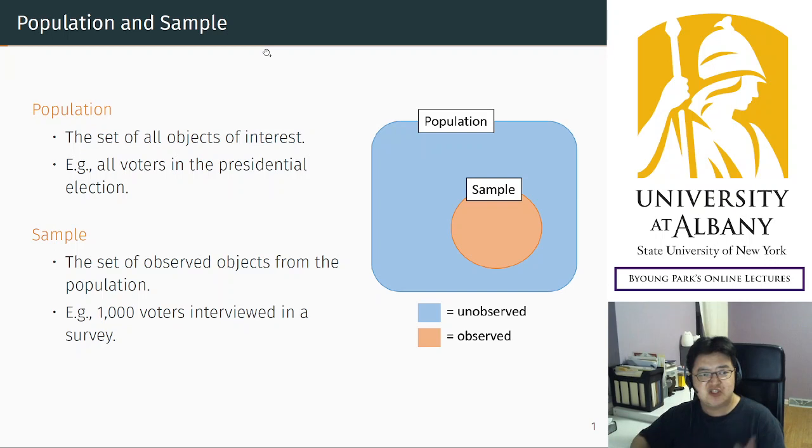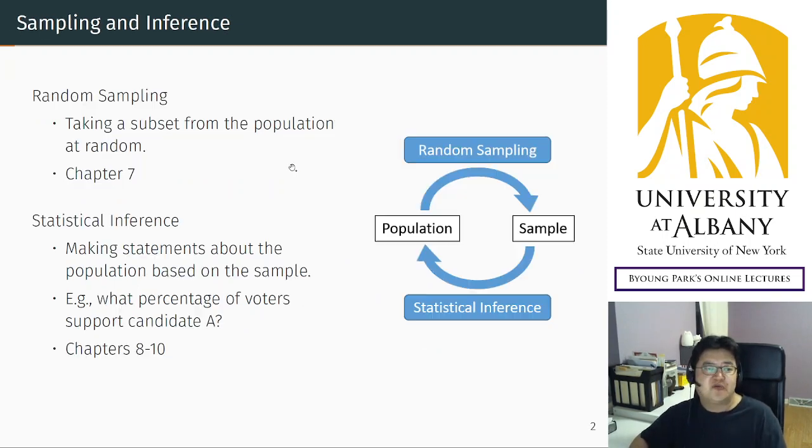The distinction between the population and sample is important because when you estimate something, you need to set what you would like to estimate, and you have to think about how you are going to estimate. So population is related to what you would like to estimate, the target, and the sample is related to how you'd estimate, because the sample is the available tool for you. So the distinction is particularly important here.